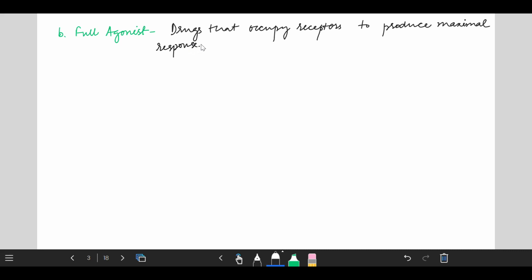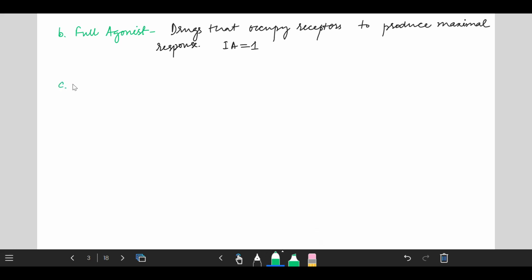It means the full agonist, after binding or occupying the whole receptor, can produce the maximum amount of effect. But a partial agonist, after binding with the receptor, can produce a lesser amount of effect. Its intrinsic activity is counted as 1, okay. This intrinsic activity is a part of MCQs which are asked.